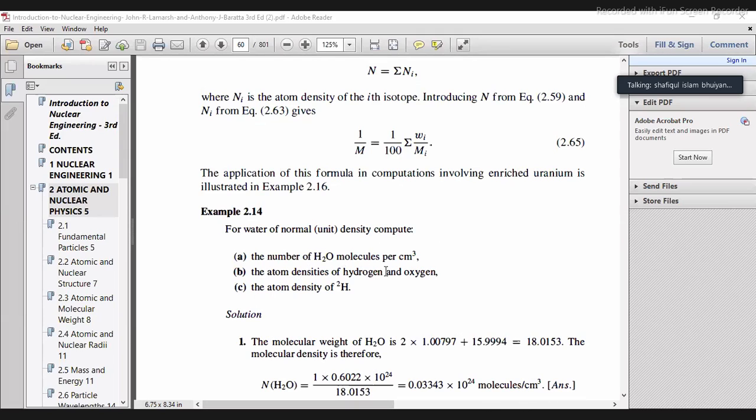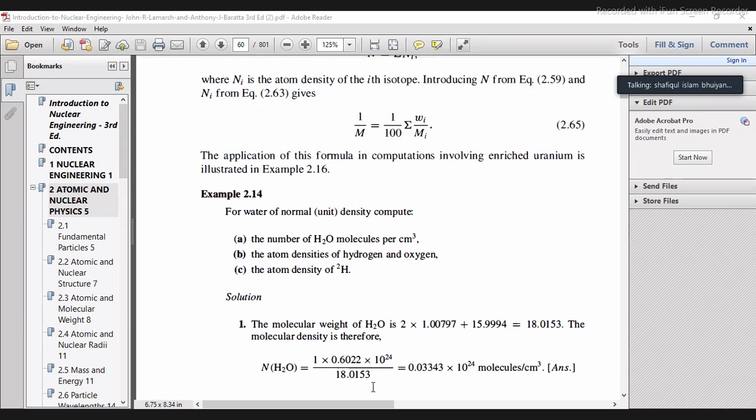The number of water molecules per centimeter cube. We know the unit density of water is 1. So we want to find the molecular density, and the molecular weight is 18.03, so you just multiply by rho and N_A by the molecular weight. Like if it is atomic density, we just put the atomic weight, and in this case the molecular weight. Okay.